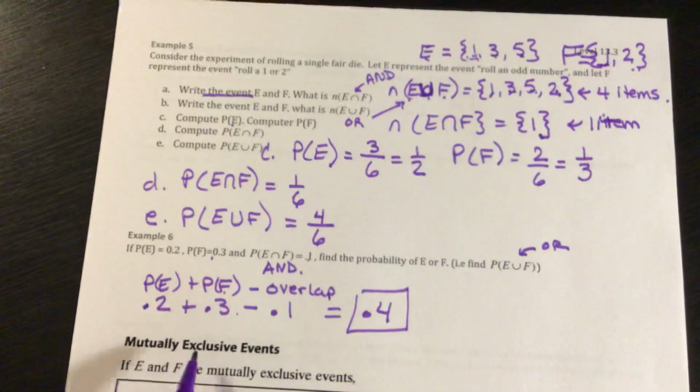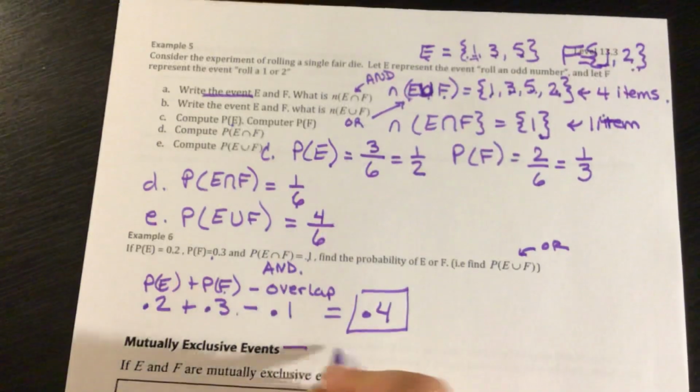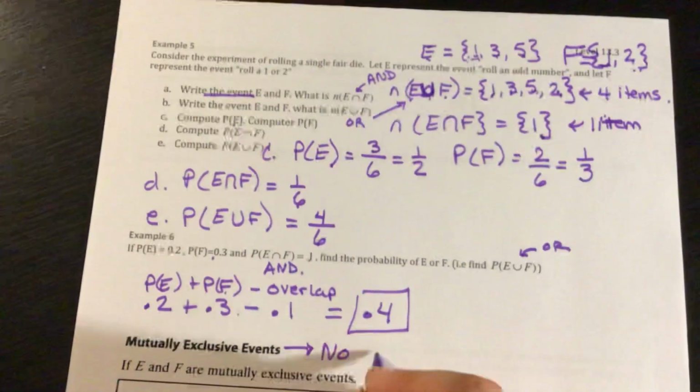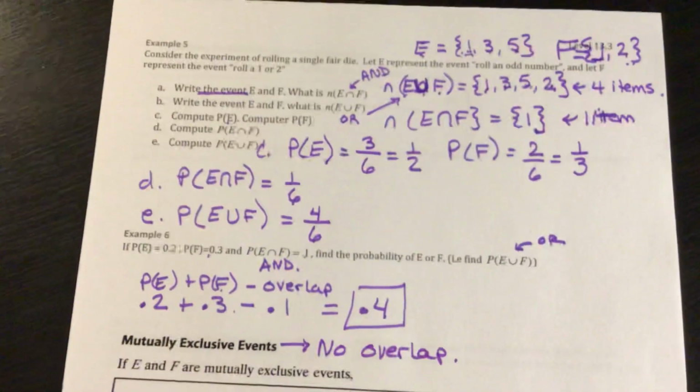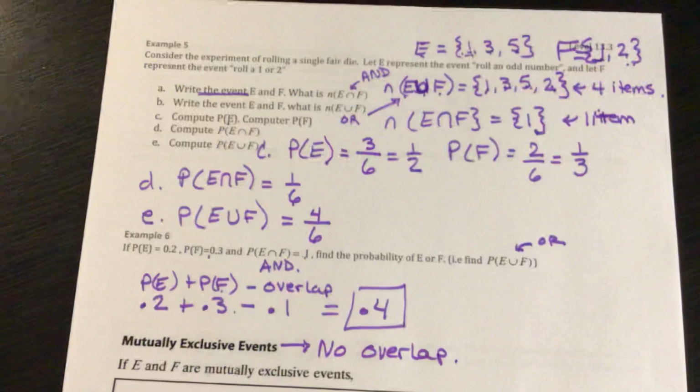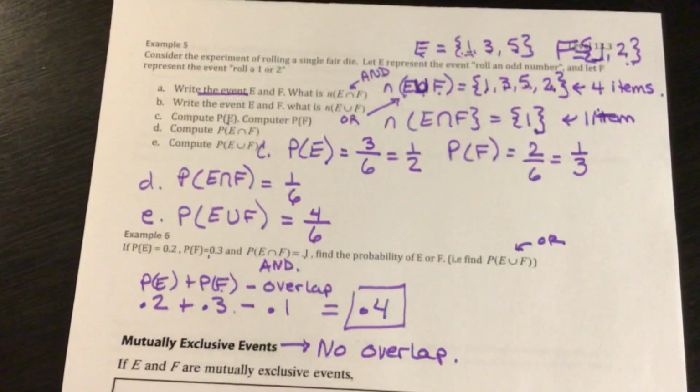Now, if events are mutually exclusive, there is no overlap. Okay, so I can just add the probabilities together. Okay, so there's no overlap to take away. So if I have the probability of E and the probability of F, find E or F. This is an or.